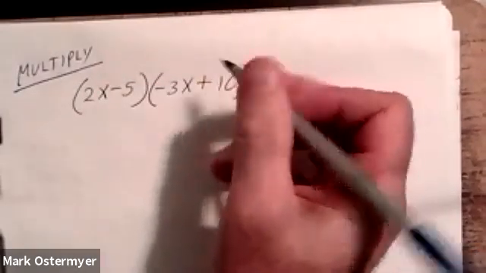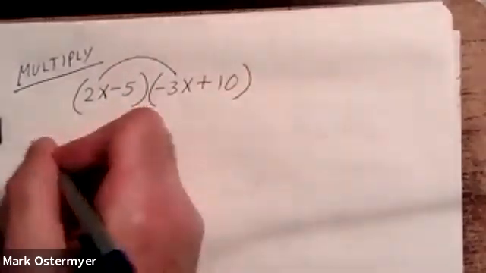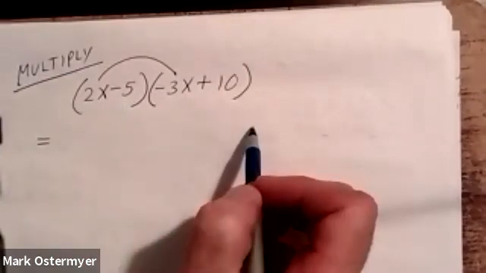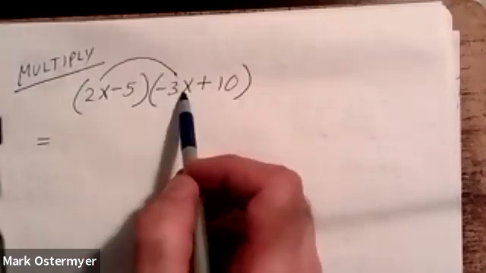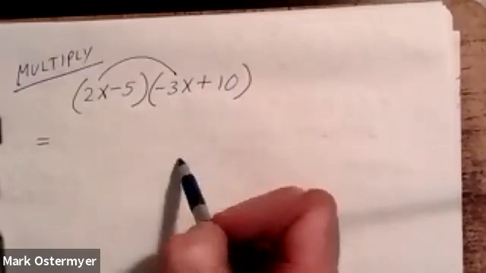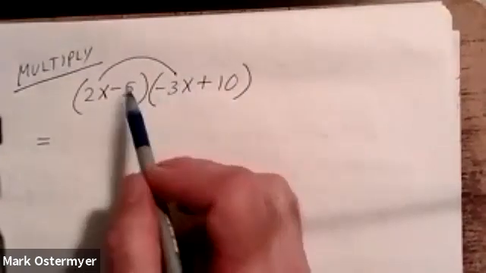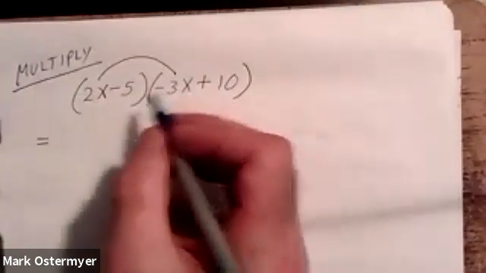FOIL method works okay. Multiply the first terms together, 2x multiplied by negative 3x. Now, when you get better at this, ladies and gentlemen, you don't even have to show this next step that I'm showing. When you get good at this, you can just do this in your mind. 2x times negative 3x, negative 6x squared. 2x times 10, plus 20x. Negative 5 times negative 3x, plus 15x. Negative 5 times 10, minus 50. But for now, I'll show this intermediate step.